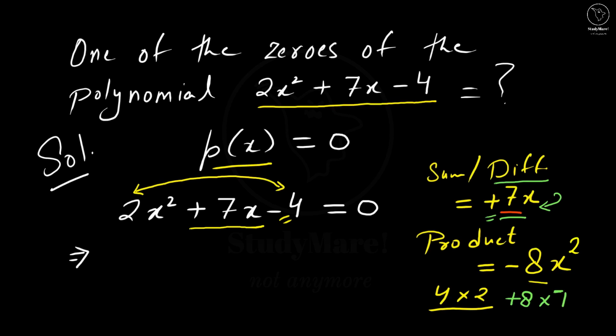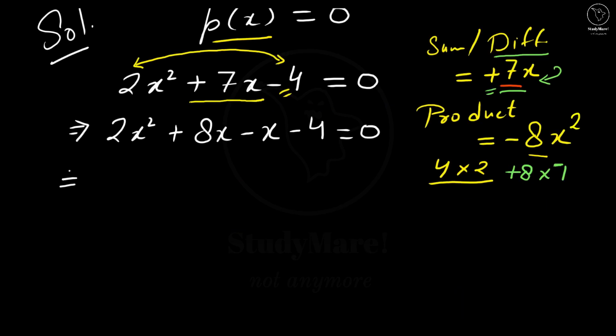Moving ahead, here we get 2x² plus 8x minus x minus 4 is equal to 0. Moving ahead, we can take 2x as common, so we get x plus 4 over here.